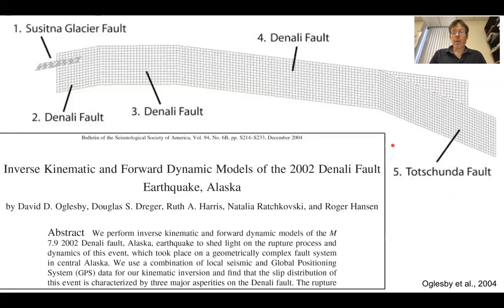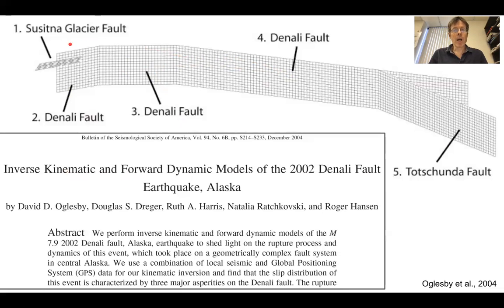This shows the paper based on the source model they used, published in 2004, where they looked at performing what are called kinematic and also dynamic models for the Denali Fault. Basically looking at characterizing the frictional behavior along these faults, or instead using distant data to obtain a kinematic model, which is a description of how things slip on the fault.